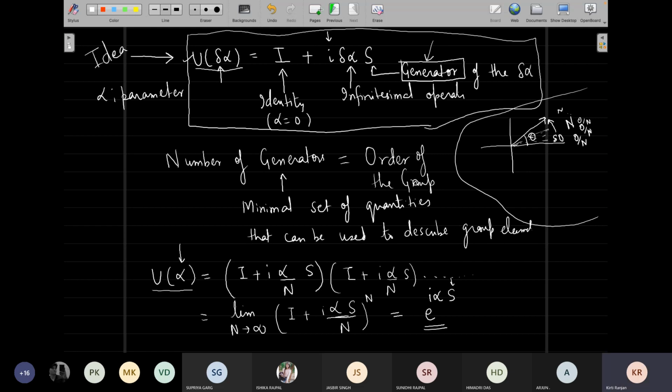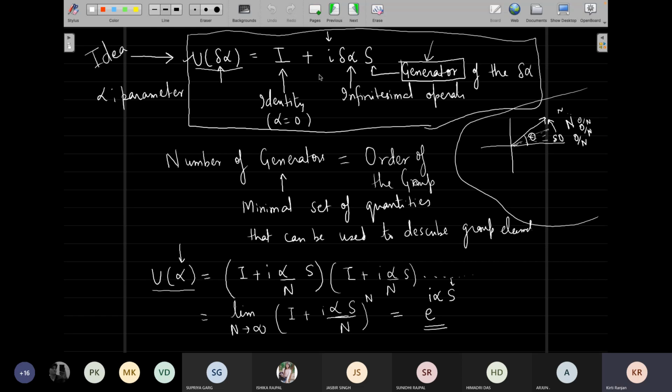In fact, this gives you a relation between the group element and the generator S. So if I ask you to write down S, what will be S which will come out from this? If I want to write S in terms of U alpha, instead of writing U alpha in terms of exponential I alpha S, how should I write? Log of U alpha over I. So there is a possibility that you can do log, or there is a possibility that you do dU by d alpha.